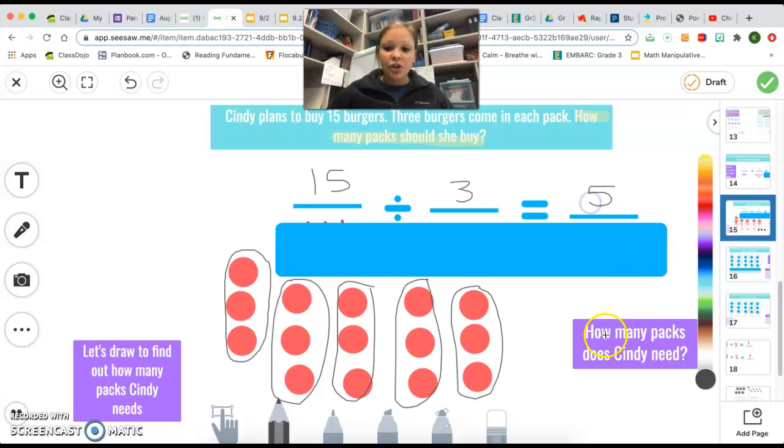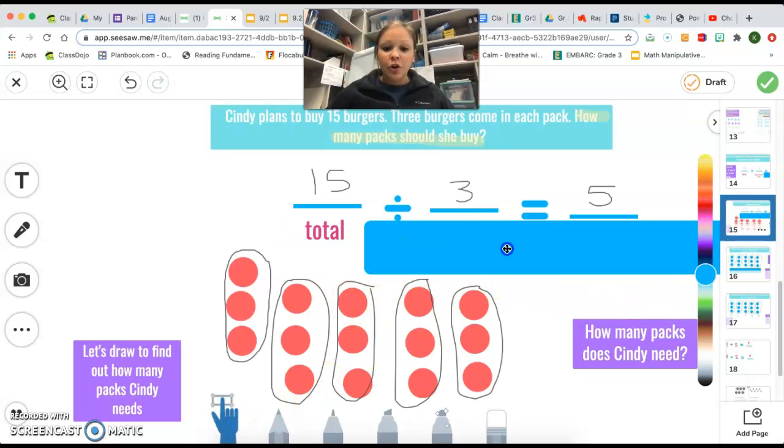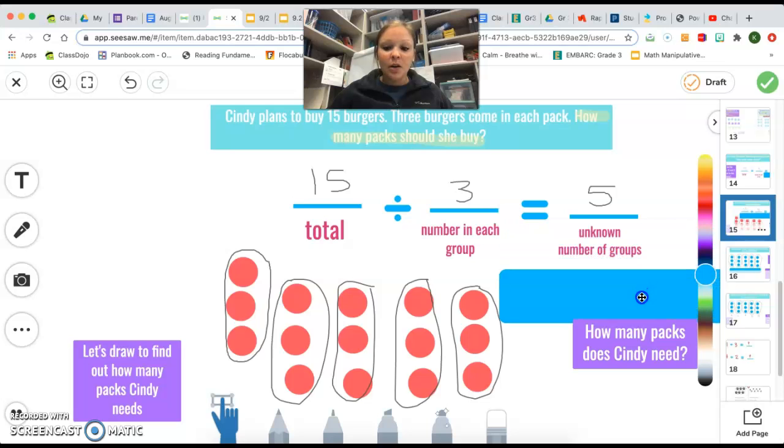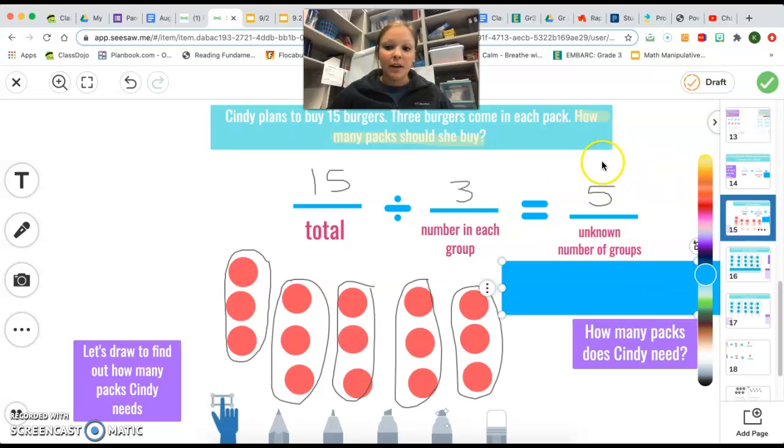So we know that she needs 5 groups or 5 packs. So we know that the total, which was 15 burgers, divided into 3 in each group, gives me what we were looking for, the unknown, which was the number of groups. So we had 5 packs or 5 groups.